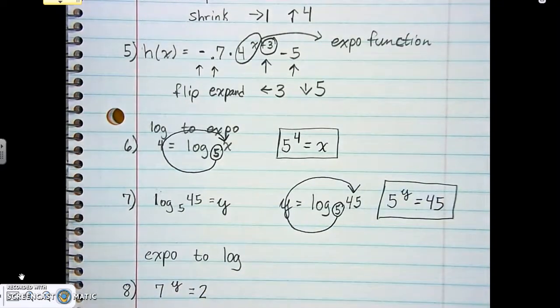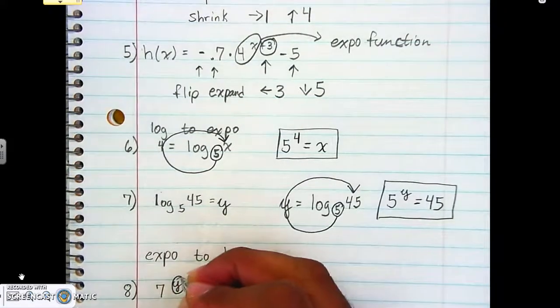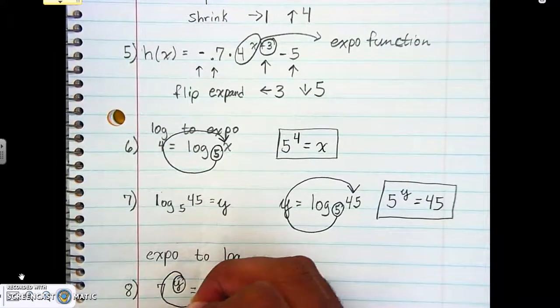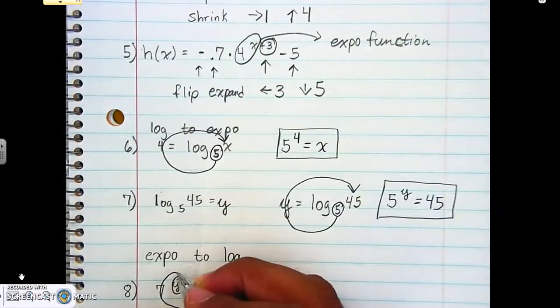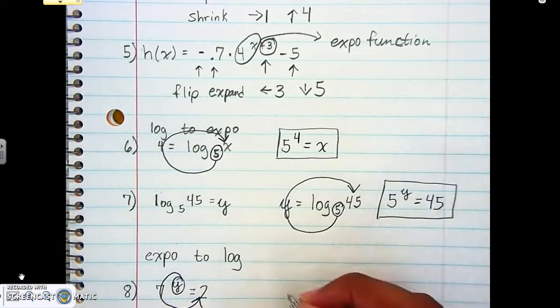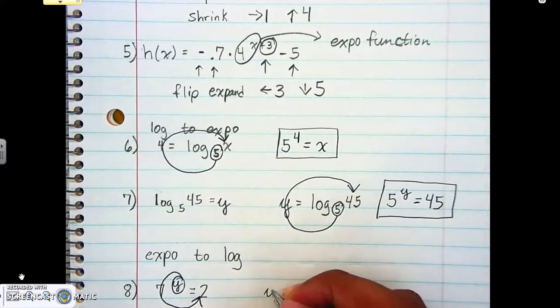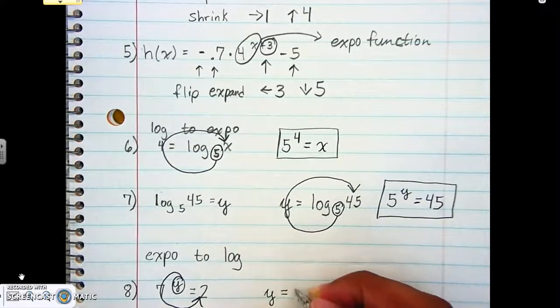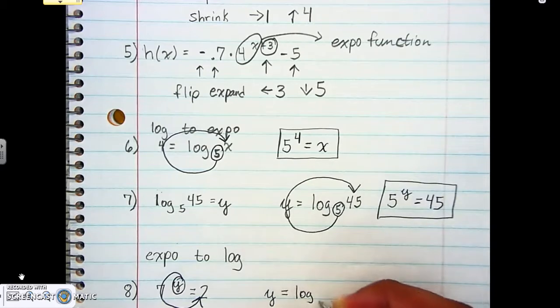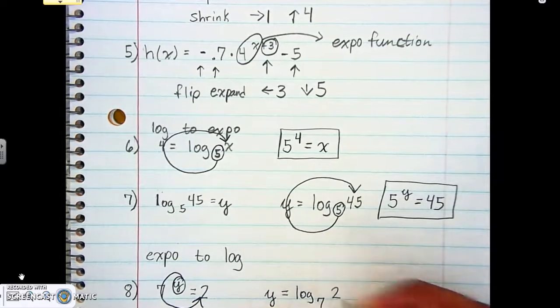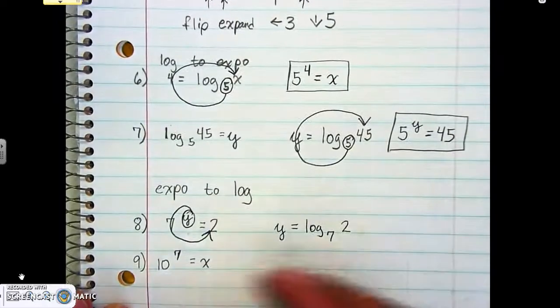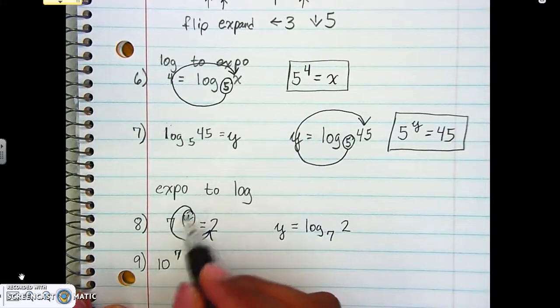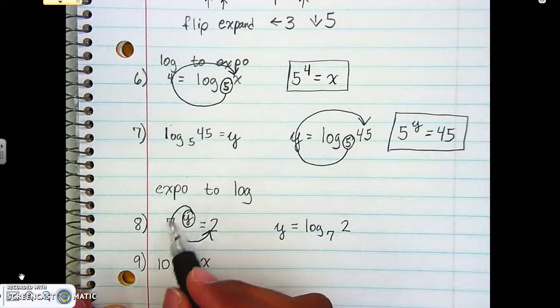So we start off with our y. We take it back around town, and we do it in the order that we just did it. Start with our exponent, and we came back around. So in that order, y equals log base 7 of 2.